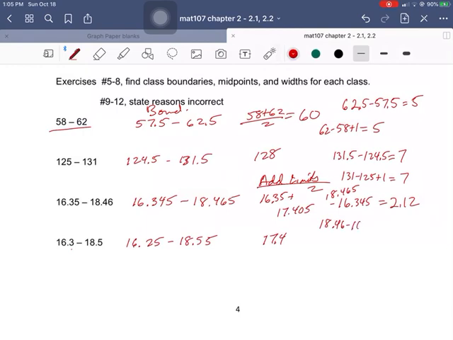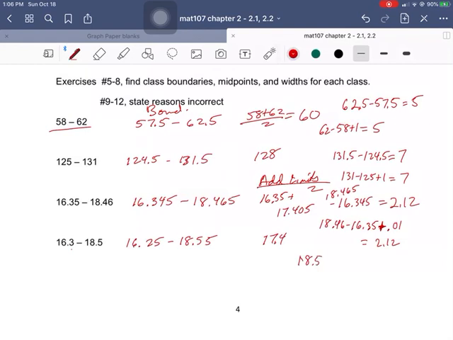It turns out to be 18.46 minus 16.35 is plus 0.01 will give you 2.12. So it's just easier to go and subtract boundaries. So if you get the limits, make the boundaries, then find the class width that way if you have to.